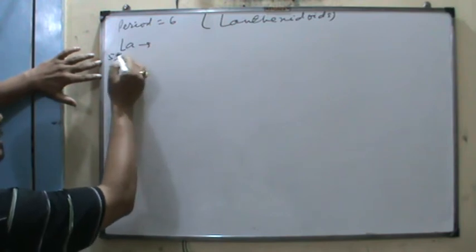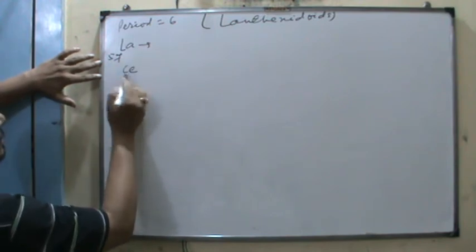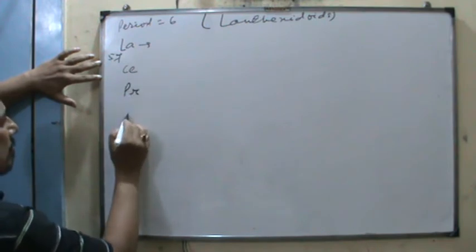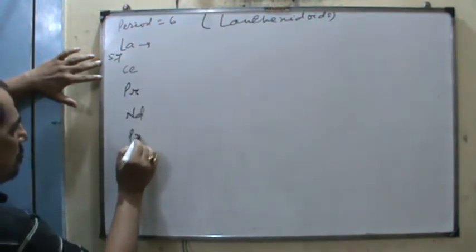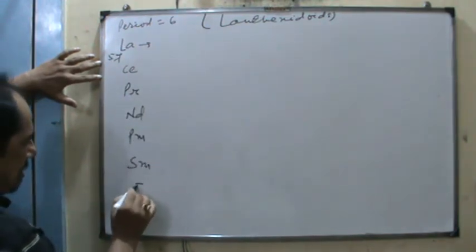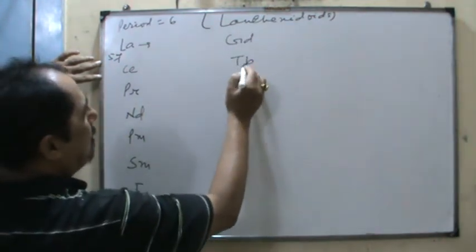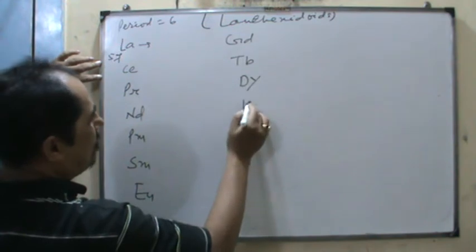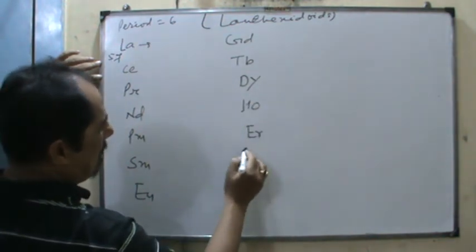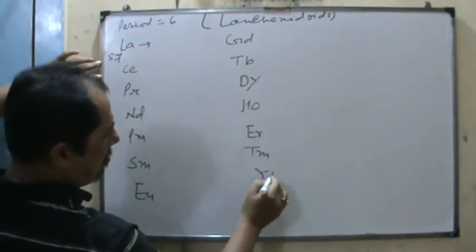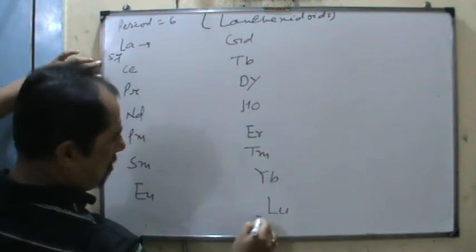That is why I have written here Pr, Nd, Pm, Sm, Eu, Gd, Tb, Dy, Ho, Er, Tm, Yb and lutetium.